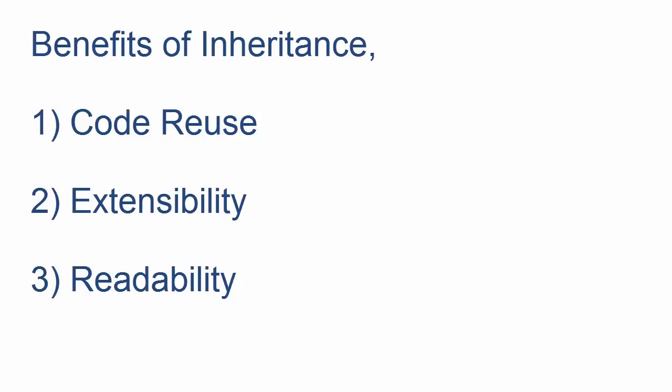The second benefit is extensibility, and it kind of overlaps with the first benefit we just talked about. In the vehicle example, we extended our vehicle class to derive new classes such as car and motorcycle. The third benefit is readability. It provides a very nice structure to your program, especially when you're writing a big program.